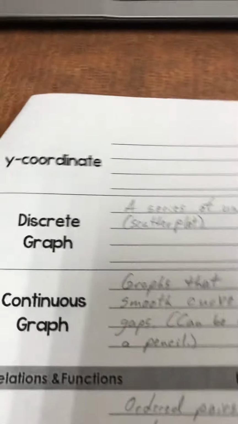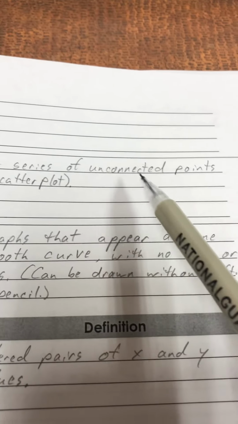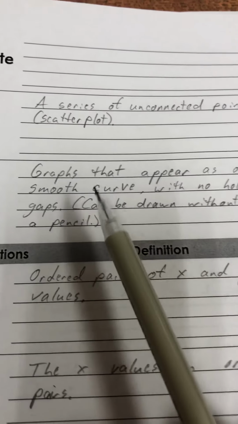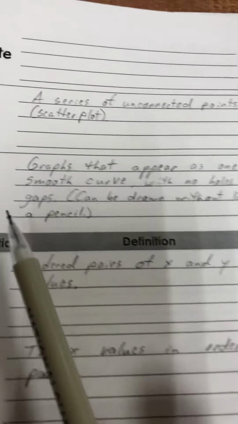A discrete graph is not. A discrete graph is a series of unconnected points. It's a scatter plot. And I have an example here. You have your x and y axis, you have your coordinate plane, and you just have points listed there. That's a discrete graph. A continuous graph are graphs that appear as one smooth curve with no holes or gaps.